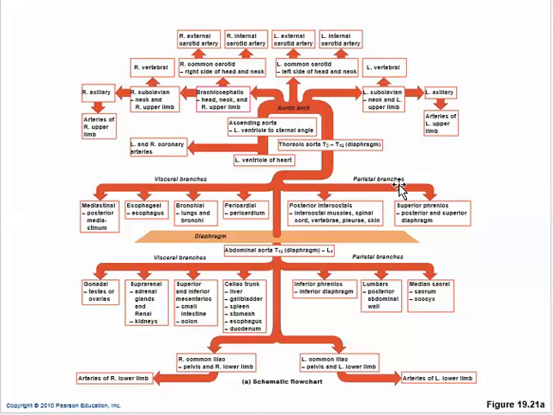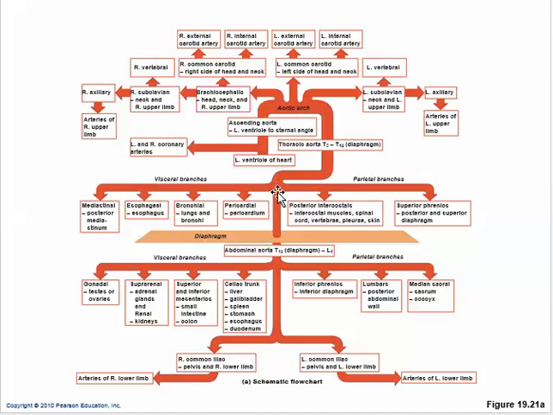There are parietal branches that basically supply the muscles of respiration, the intercostal muscles. They supply the spinal cord and that kind of thing. And then another parietal branch supplies the diaphragm. You can imagine how much work the diaphragm gets. It works every single breath that you take.